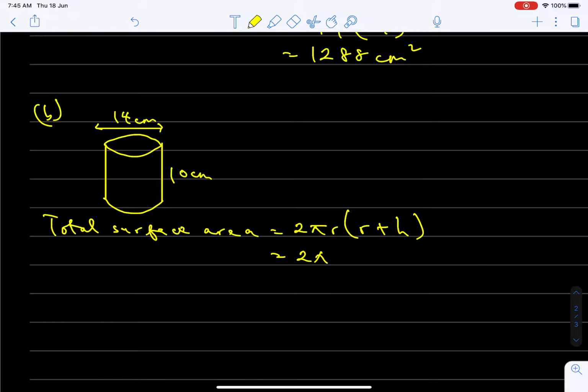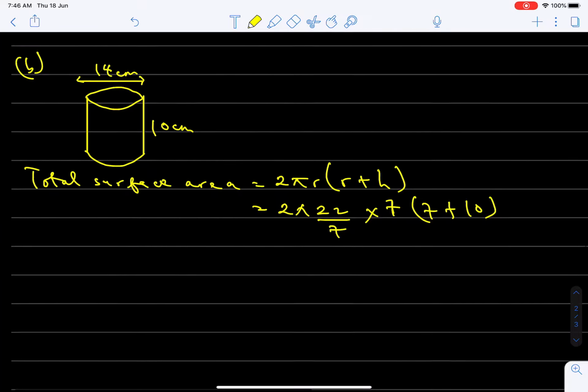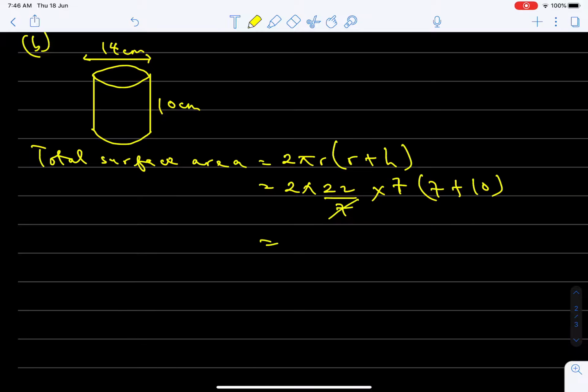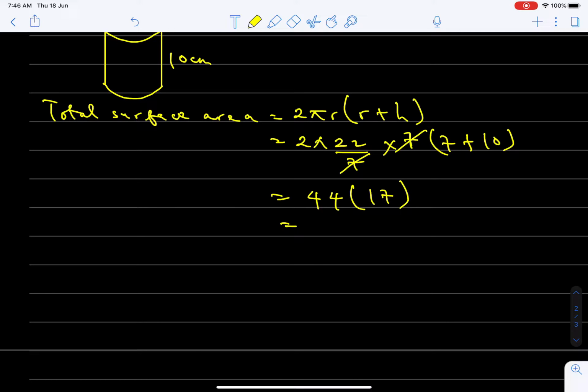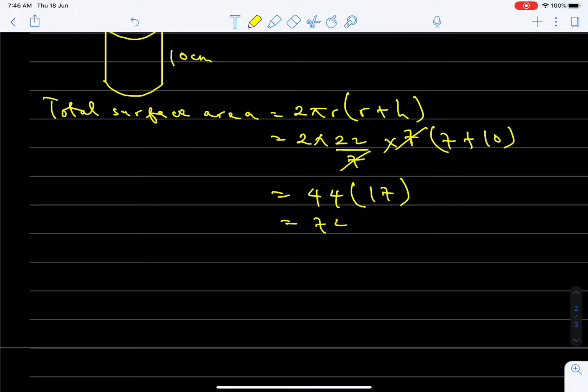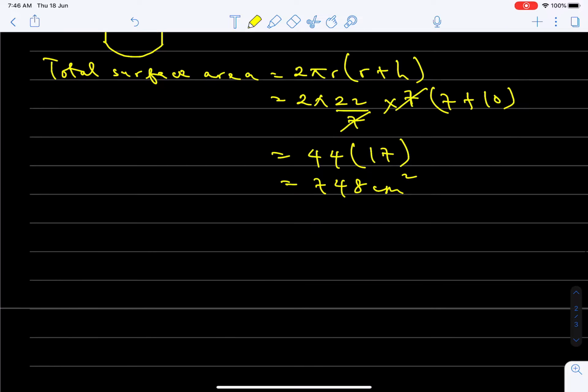And that's 2 times 22 over 7 times the radius here is 14 over 2, which is 7, into bracket 7 plus height, which is 10. And that means 7 here 1, 7 here 1, and then we have 44 times 17. 7 plus 10 is 17. And that's the same as 748 centimeters squared. Now to C.